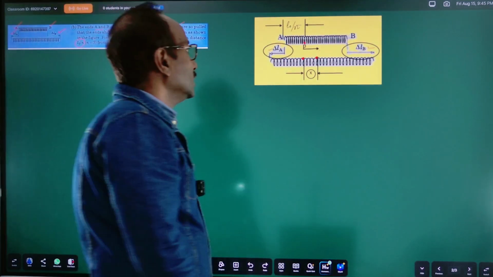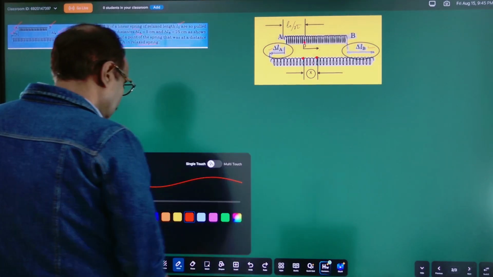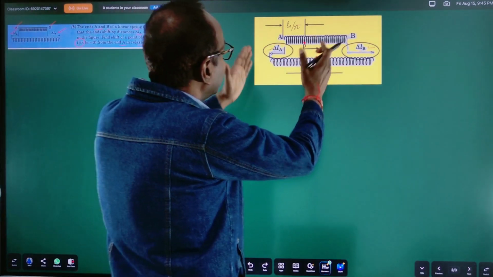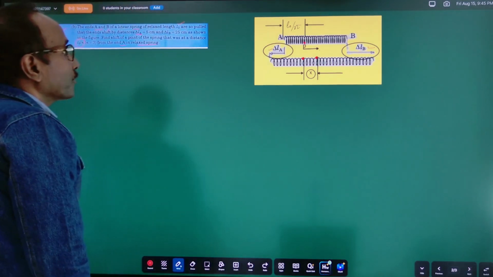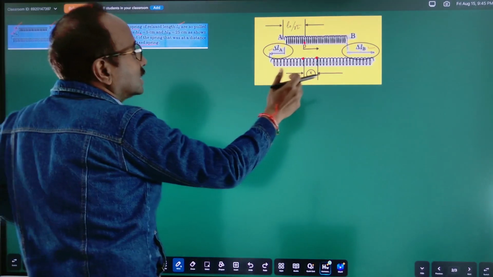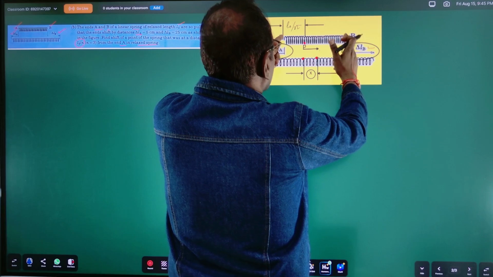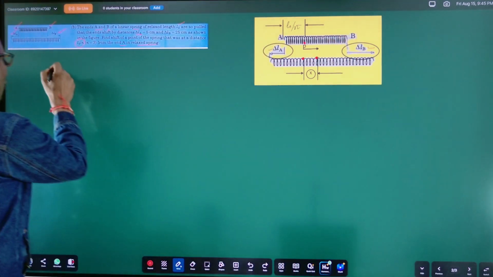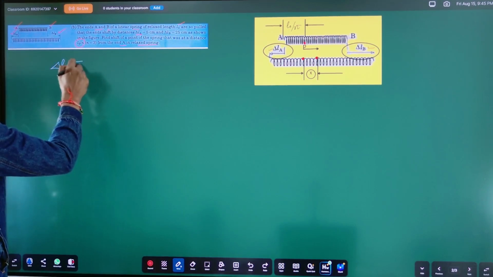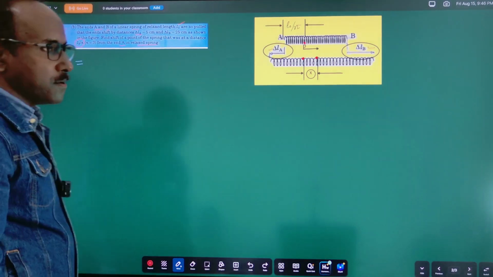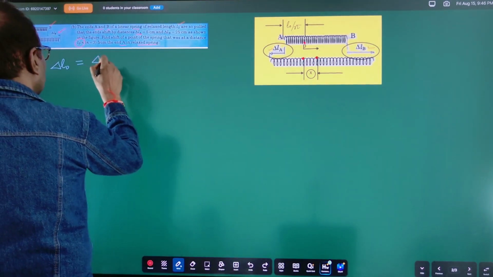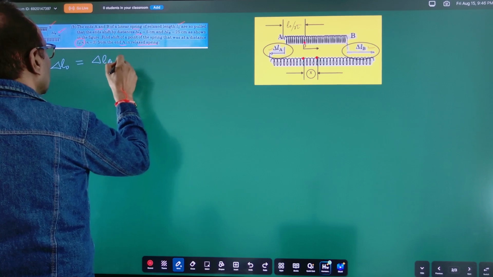So what is the total change in length of the spring? If L0 is the original length and we represent the total change as delta L0, then the total elongation in the spring will be delta LA plus delta LB.